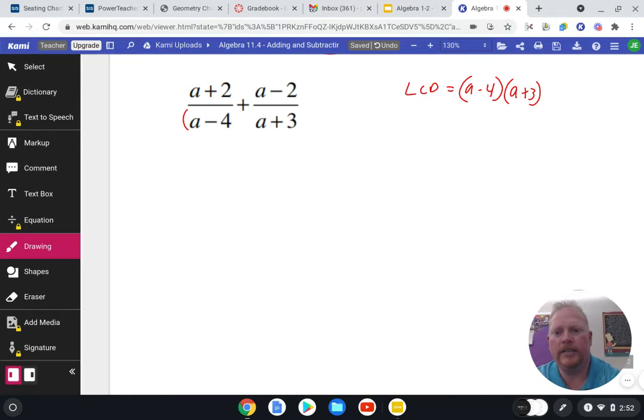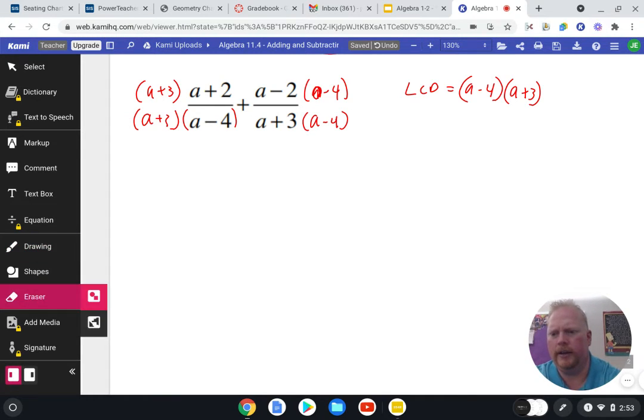So I want to go ahead and multiply both fractions in order to make them have the exact same denominator. So this first fraction needs multiplied by a plus 3. The second fraction needs multiplied by a minus 4. Ugh, that's just ugly right there.